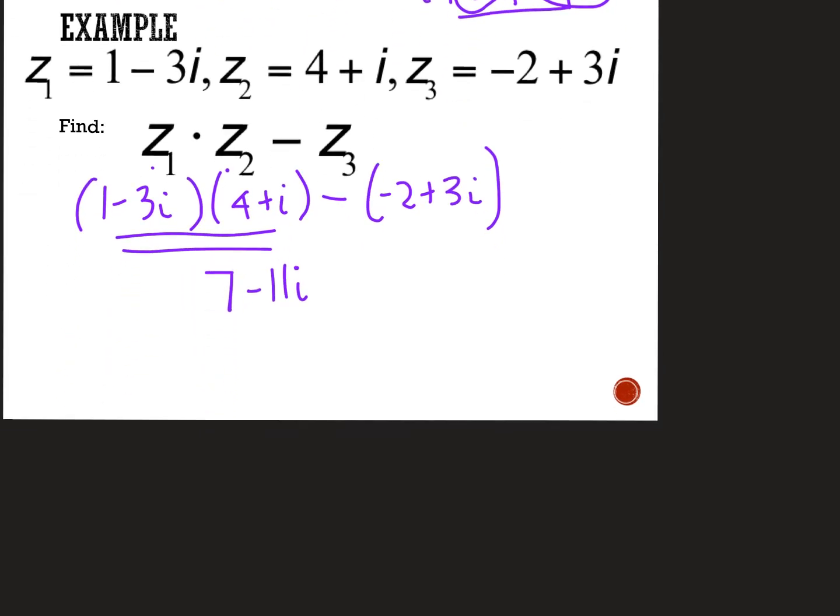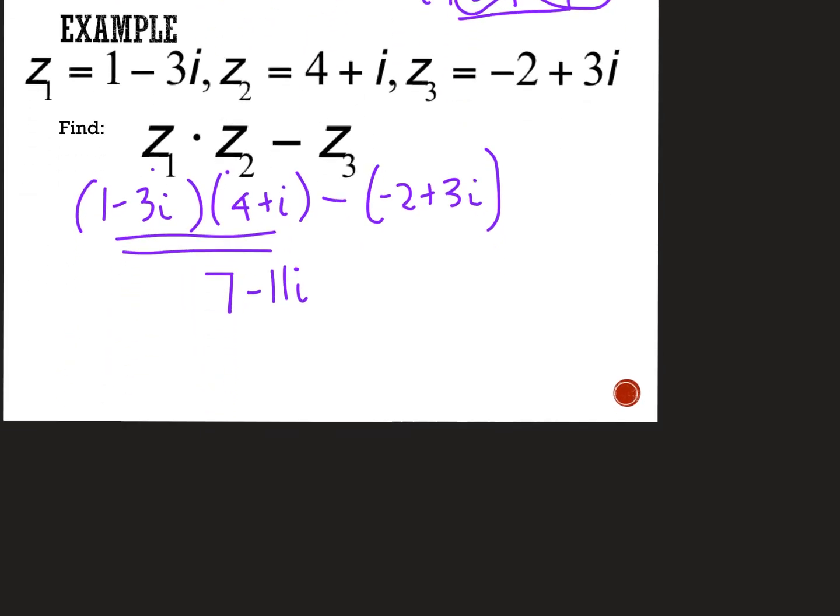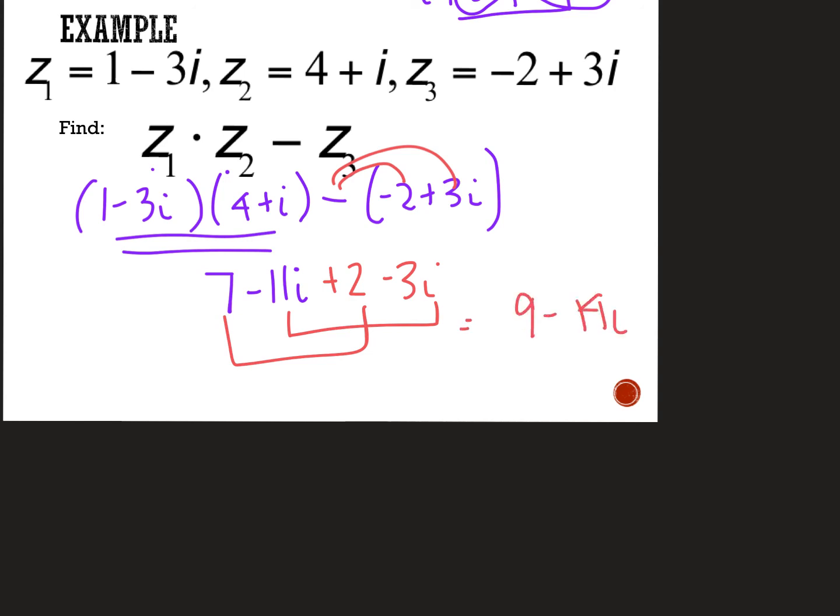Okay, so now let me get this back up, now that I've multiplied that. And now let me distribute this negative, so plus 2 minus 3i. And lastly, let me combine my like terms. Make sure you have this in complex form, meaning the real number first. So the answer here is 9 minus 14i.